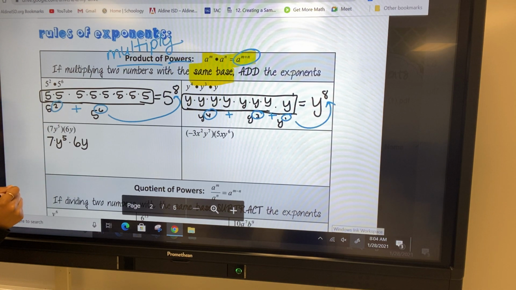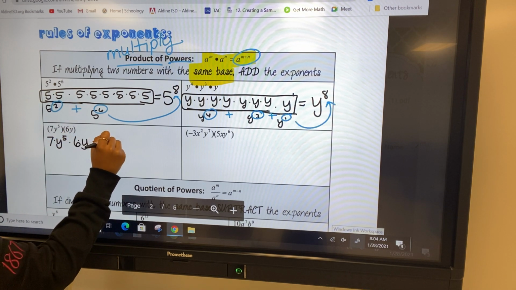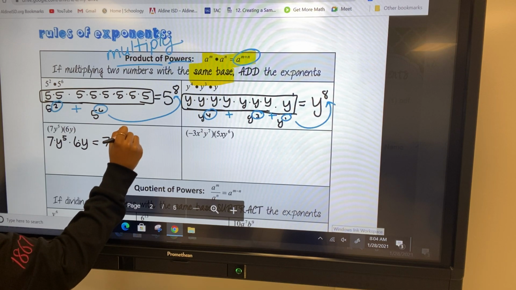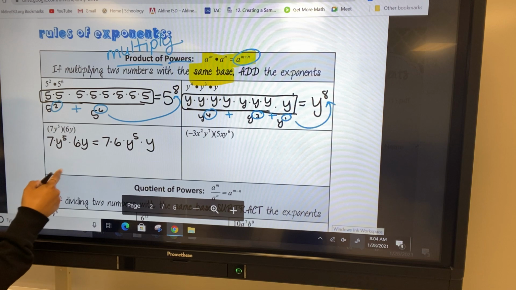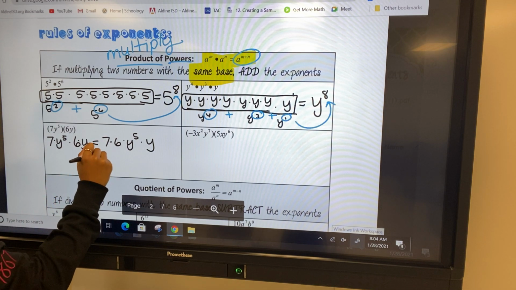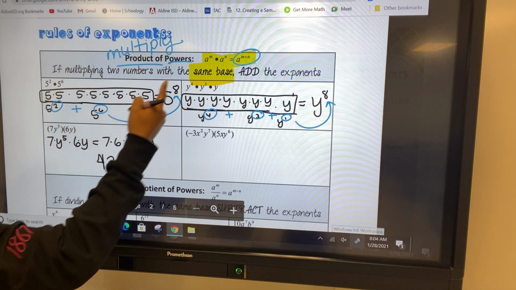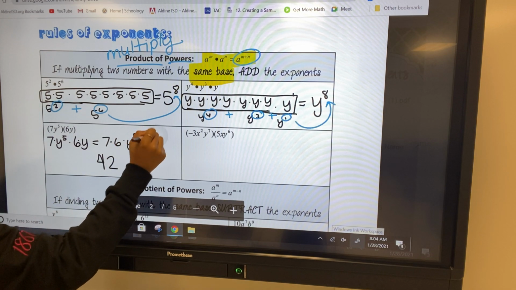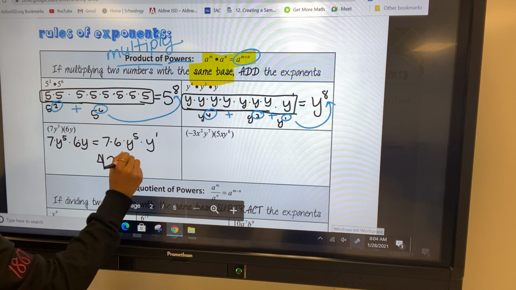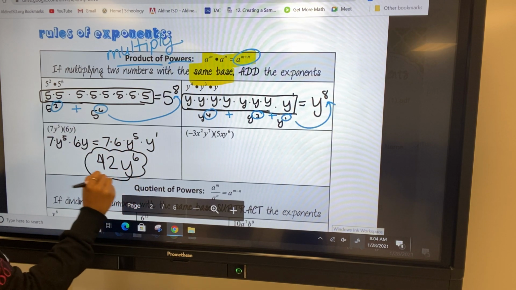And so what I can do is rewrite this as 7 times 6 times y^5 times y. And so the number part of this, 7 times 6, is 42. And then we just found that if we are dealing with exponents, we can just add them. So this would be 5, and we will count this one as 1. So 5 plus 1 would be 6. And so then that would be our answer here.